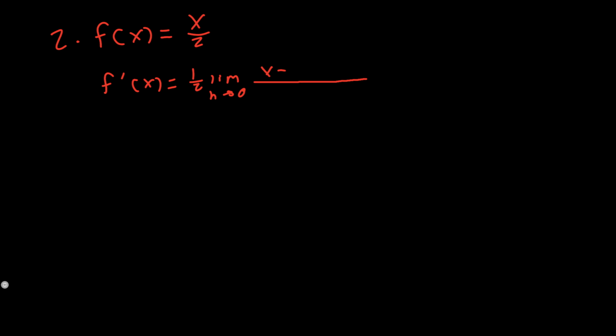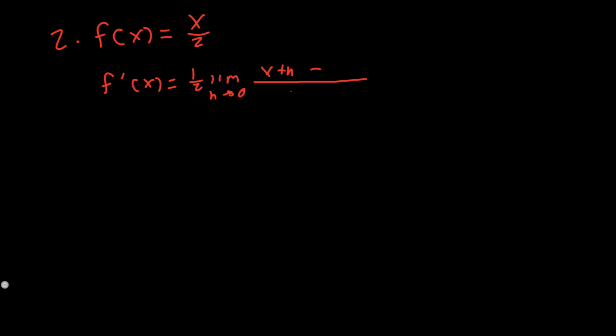Number 2, f of x is equal to x over 2. And we are going to find its derivative using the limit definition once again. So f prime of x is equal to 1/2 times the limit as h approaches 0 of x plus h minus x divided by h.